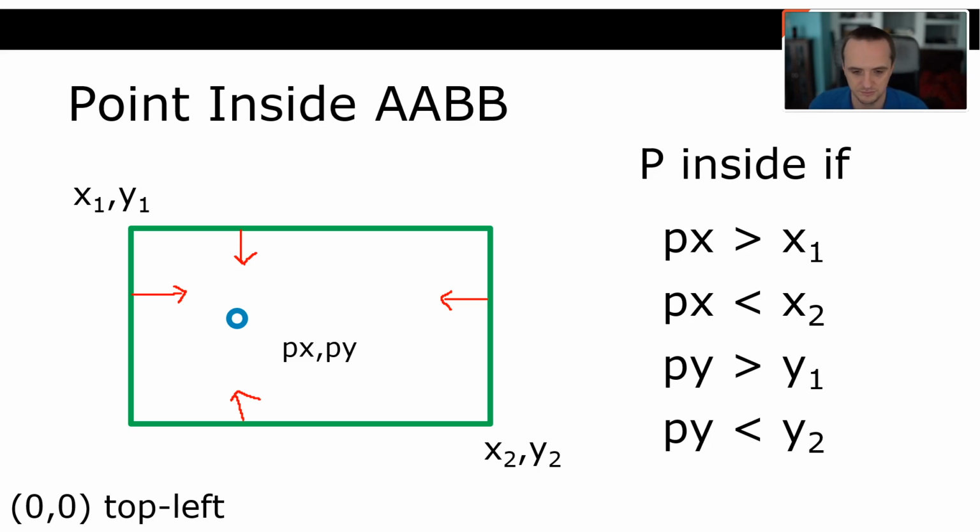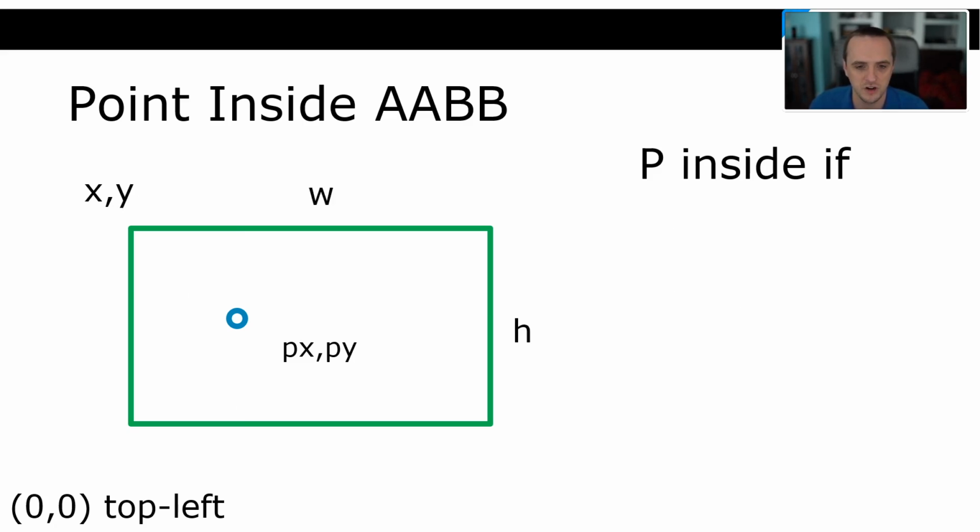That's pretty obvious. So, another way that we can represent a rectangle, and this is the way that SFML actually does it, and most graphics libraries do, is instead of defining the top left point and the bottom right point, it'll define the top left point and a width and a height. And so that's how we're going to do our math.